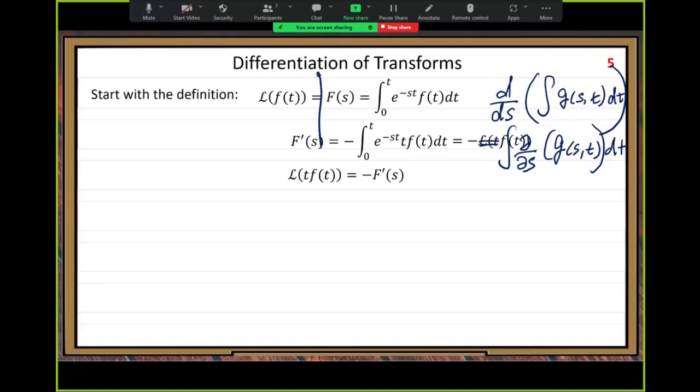Where do we do the differentiation? We do the differentiation in the s domain, not the time domain. So this formula is differentiation in the s domain.